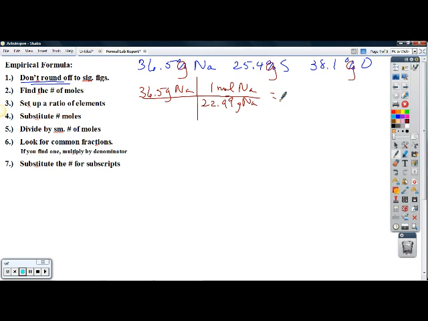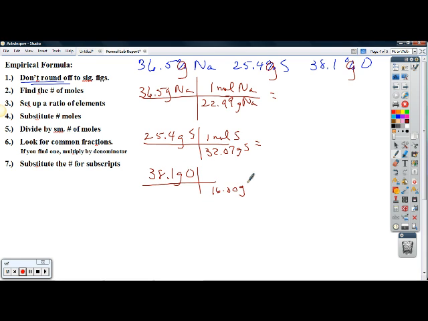All right, so I do that math, which y'all will be doing for me. Then I'm going to take 25.4 grams sulfur, over 32.07 grams sulfur per 1 mole sulfur. And I'm going to take 38.1 grams of oxygen, over 16.00 grams oxygen per 1 mole oxygen.